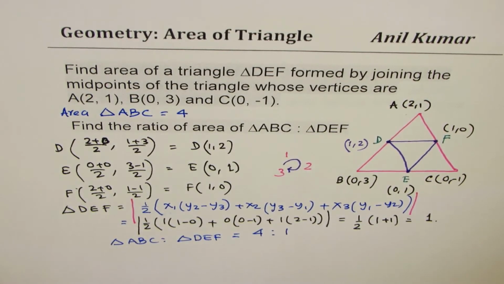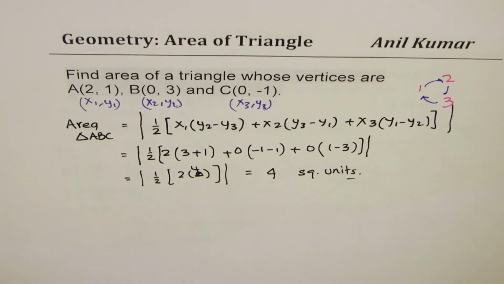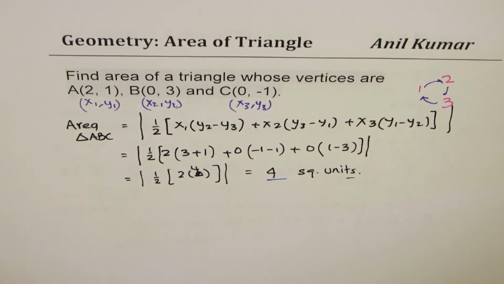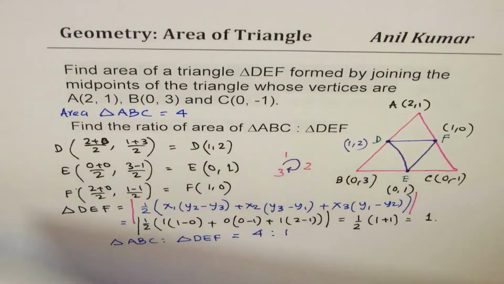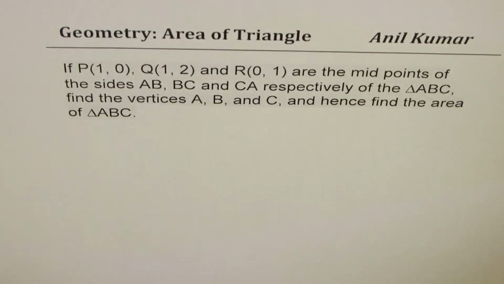Correct? So that is the result. You can go back. Let me show you the page where we calculated DEF, and this is ABC, right? So we got 4 units. Perfect. That's the 4 units. It's the same triangle. Now, let's move on and do the next part, which is the last question.